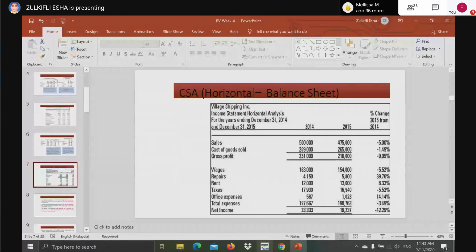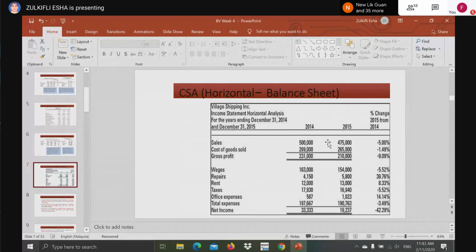By putting all the figures in the same table, you can get the whole picture, whether the sales is increasing or decreasing. Like this one, if you put it side by side, then you can see.